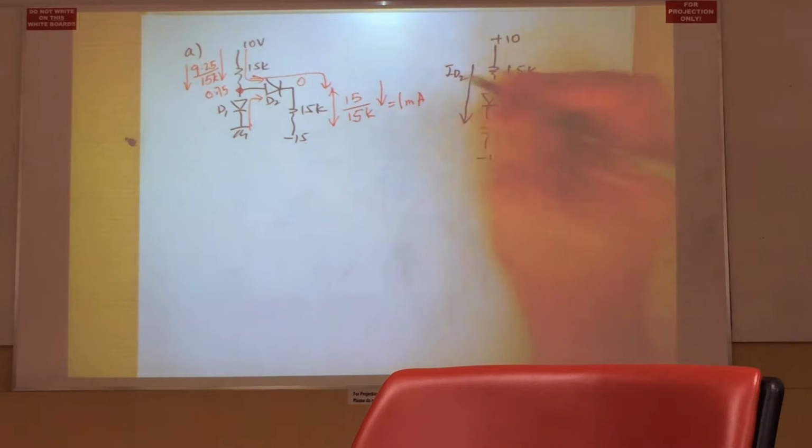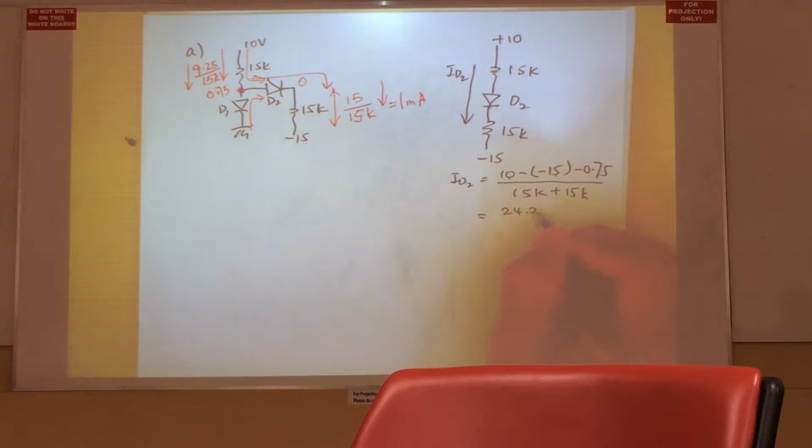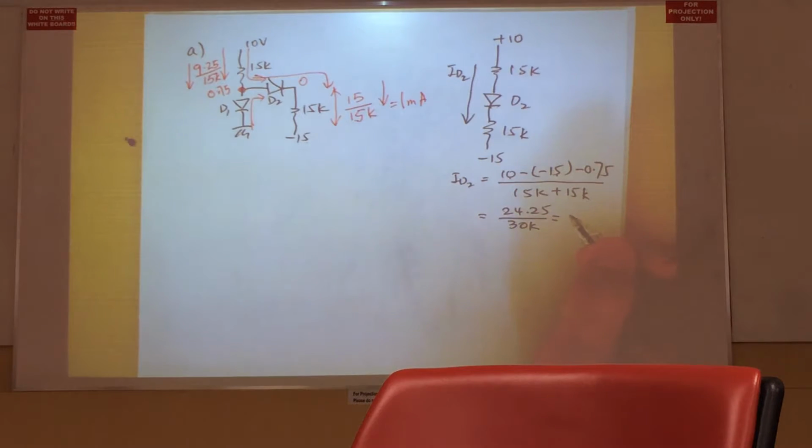So ID2 is equal to the difference between the two power supplies, 10 volt minus minus 15 volt, minus the voltage drop across the diode, which is 0.75, divided by the remaining resistance 15K plus 15K. That works out to be 25 minus 0.75, that will be 24.25 volt divided by 30K, and that works out to be a current of 0.808 milliampere.